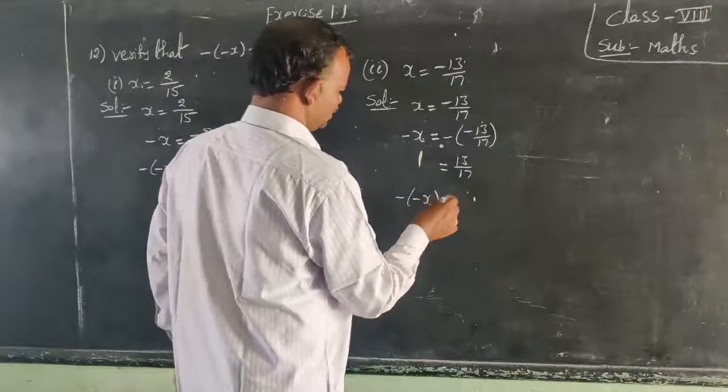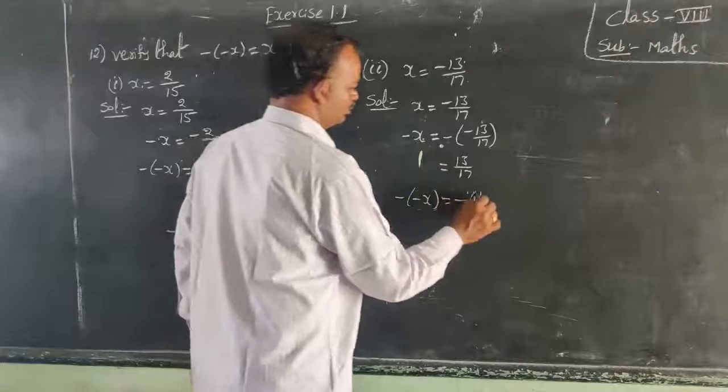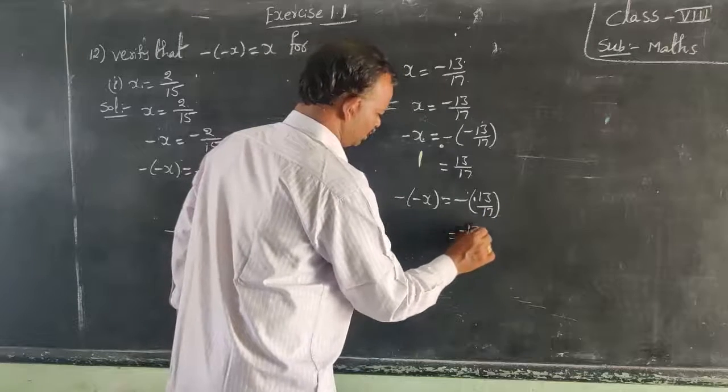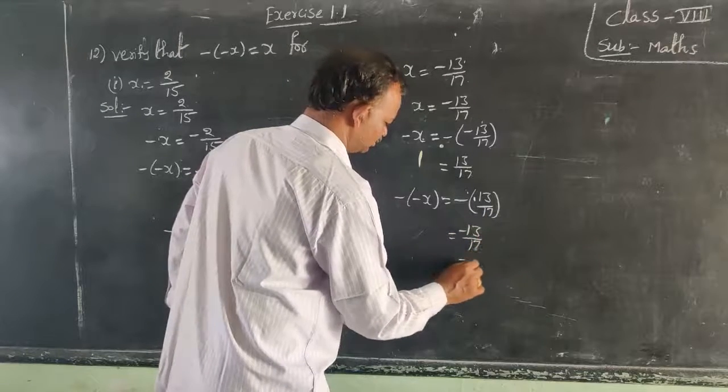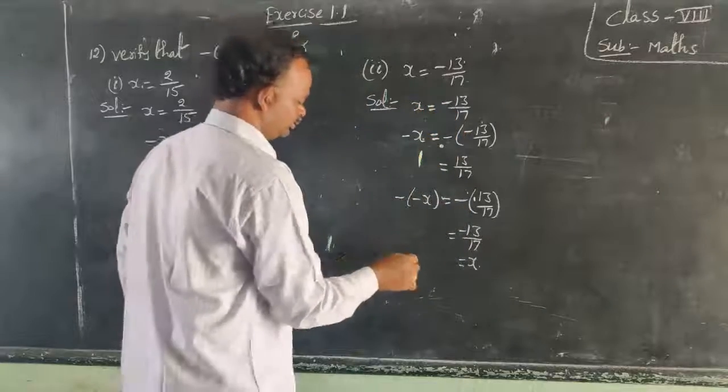Minus of minus x is equal to minus of 13 by 17, that is equal to minus 13 by 17, which is equal to x.